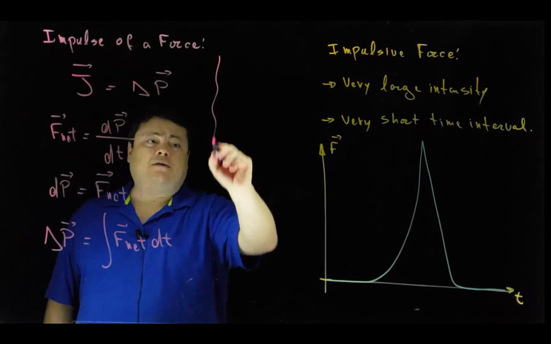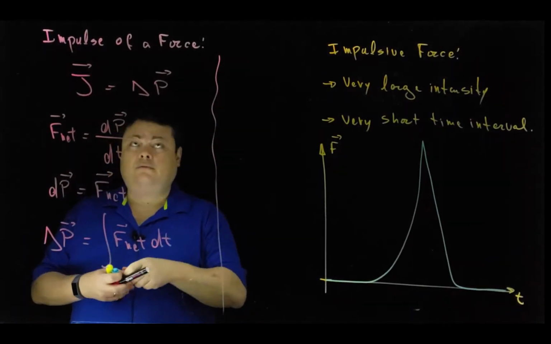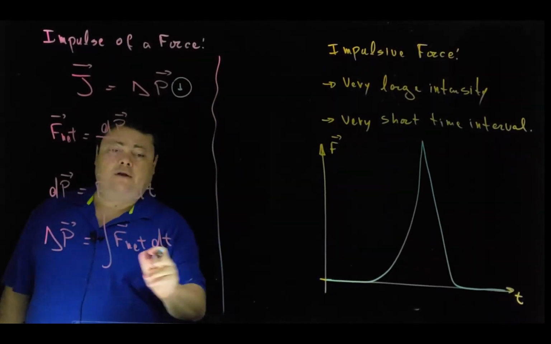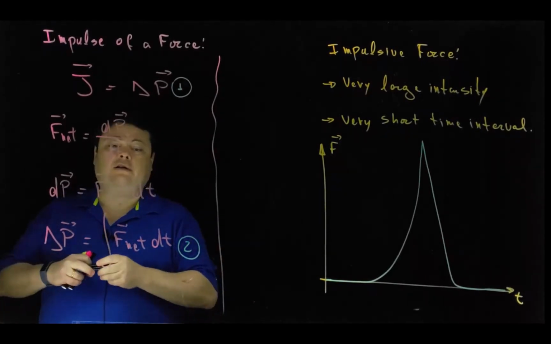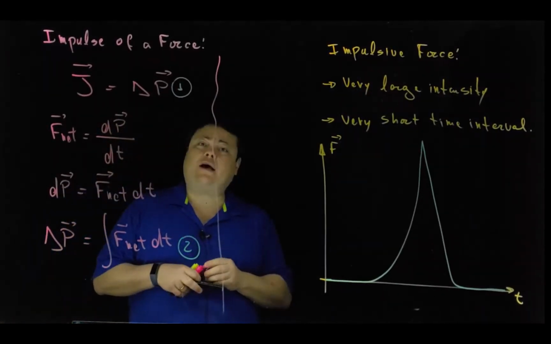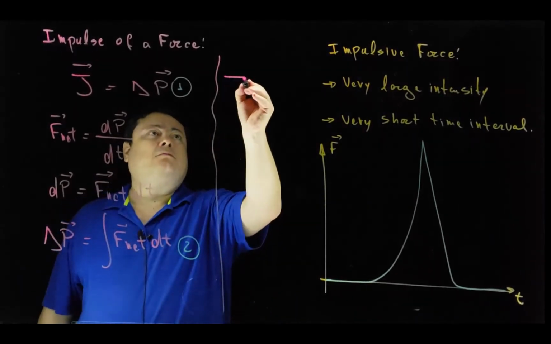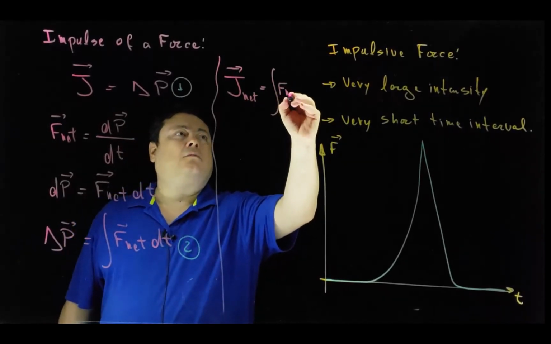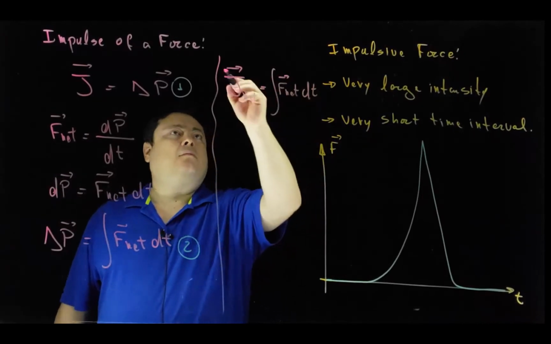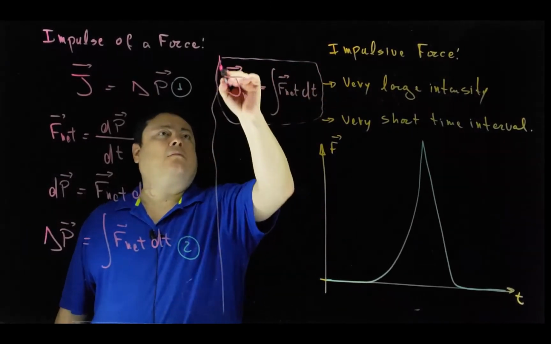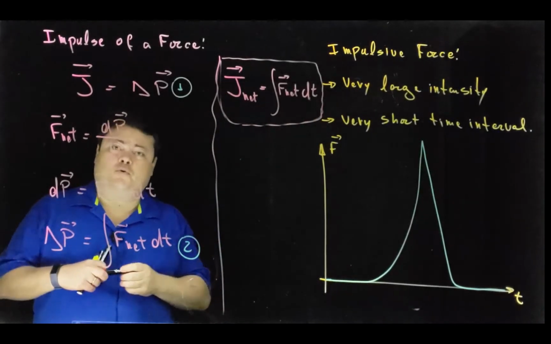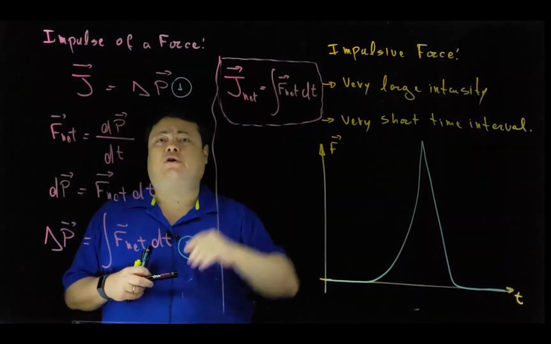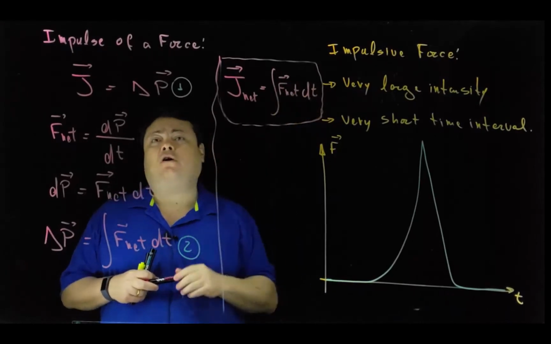So, if now I combine this equation here, the definition of impulse, with the equation we just derived, what we'll get is that the net impulse of a force acting on an object is going to be equal to the integral of net force multiplied by time, or sorry, the time integration of net force.